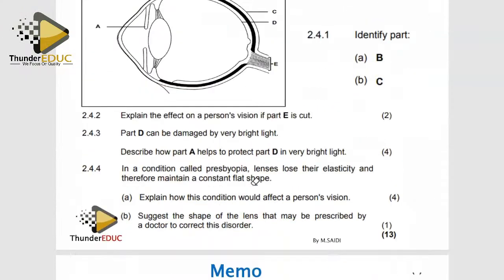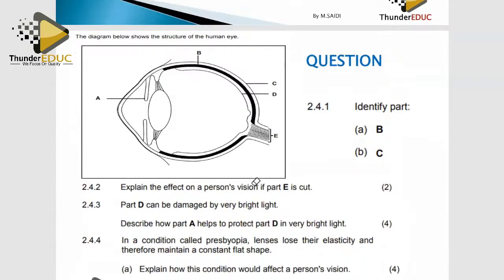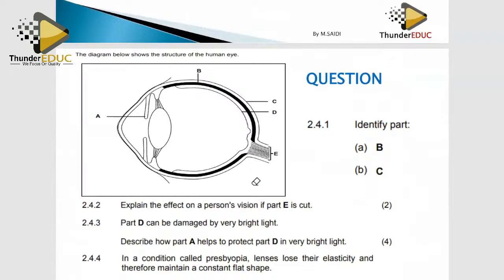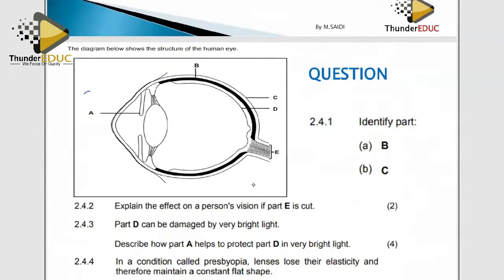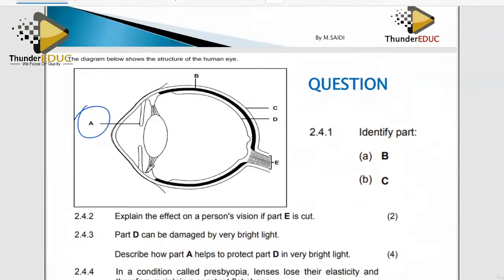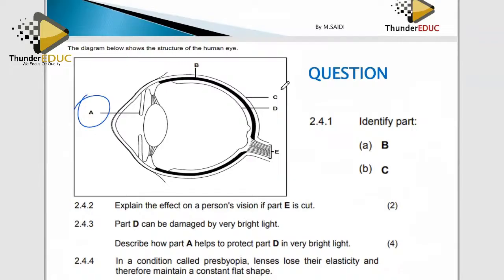Hey guys, let's try to answer the questions. They're saying, what is A? The iris. What is B? The choroid. What is C?